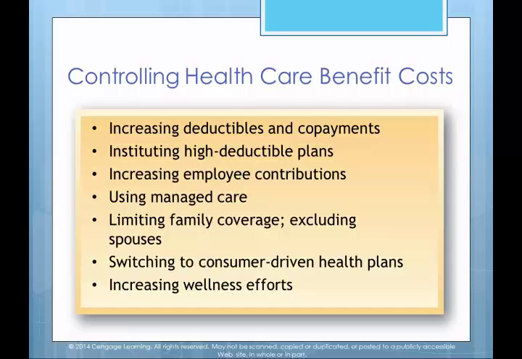We can use managed care, which is monitoring and reducing medical costs through restrictions, managing the primary and preventive care using specific providers that charge lower prices or restrictions on certain kinds of treatment, and prices negotiated with hospitals and physicians. We can limit family coverage and exclude spouses. Approximately 20% of employers have adopted these restrictions, and more companies are planning to do so.